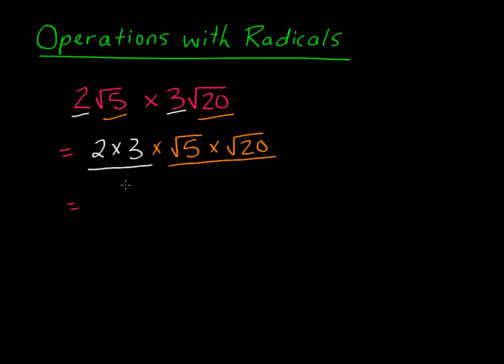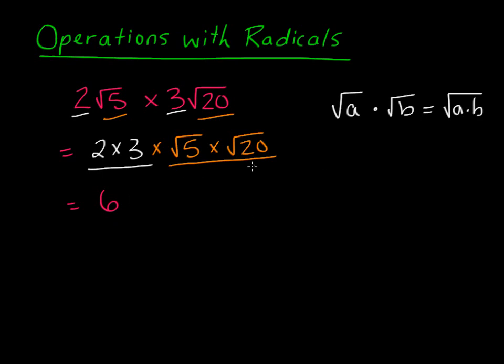So here, 2 times 3 we know is 6. Square root of 5 times the square root of 20. Now again, we know that if we have the square root of a number times the square root of another number, it's the same thing as the square root of those numbers multiplied together under the square root sign.